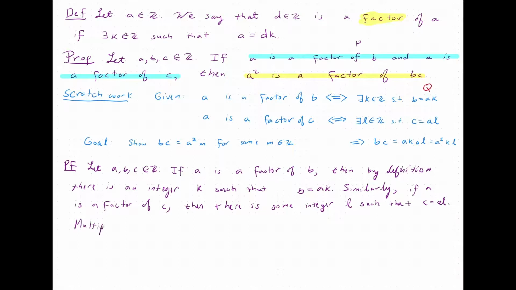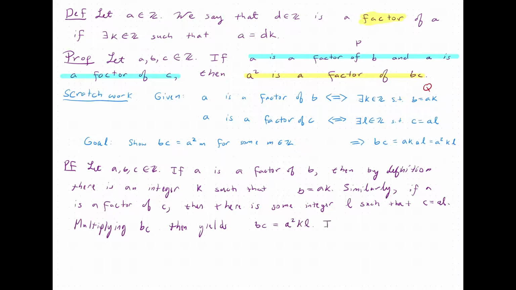Multiplying B times C then yields BC is equal to A squared times KL.